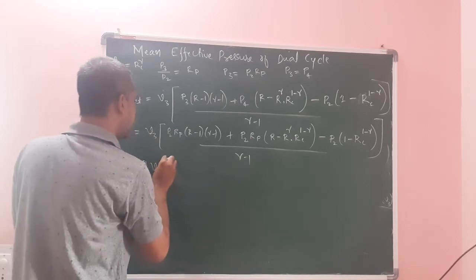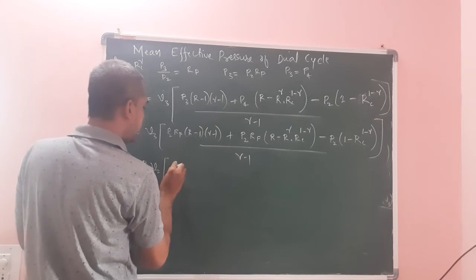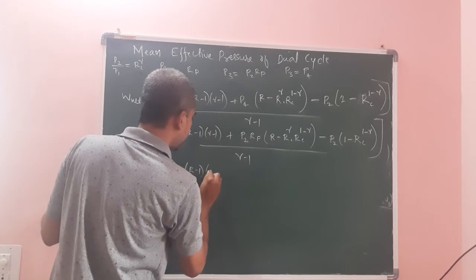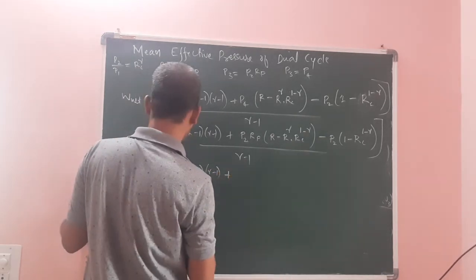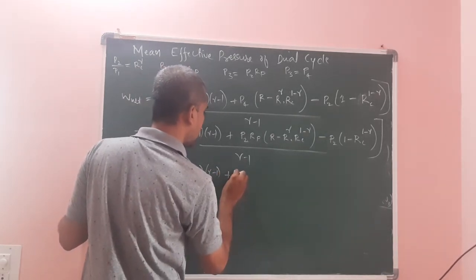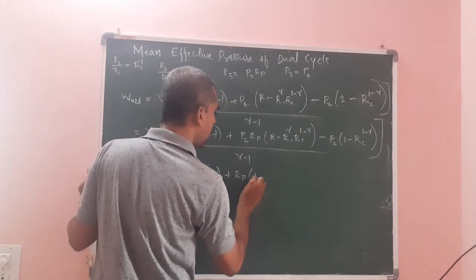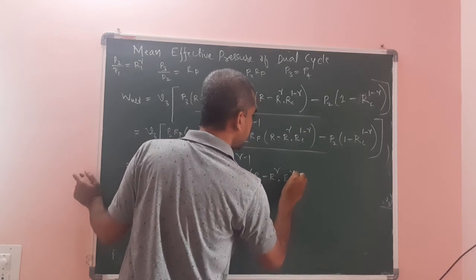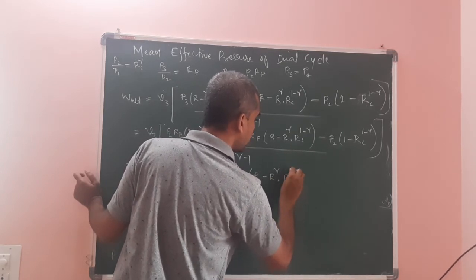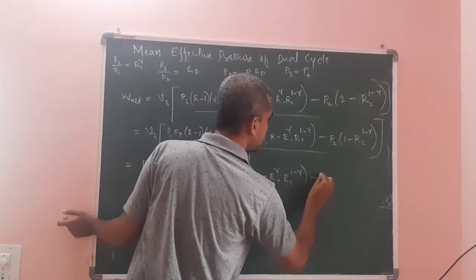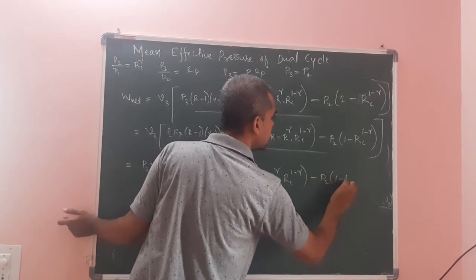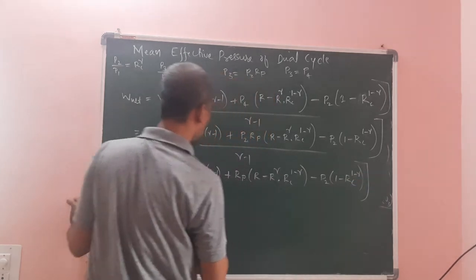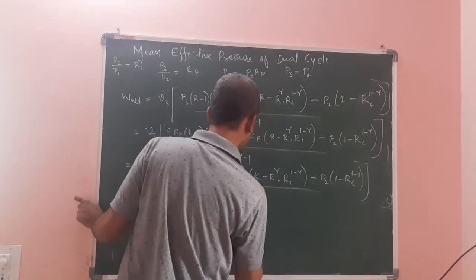Okay, inside bracket it will be RP into R minus 1 into gamma minus 1 plus RP into R minus R raised to gamma into RC raised to, sorry, RC raised to 1 minus gamma, minus of P2 into 1 minus RC raised to 1 minus gamma. Okay, whole divided by gamma minus 1.